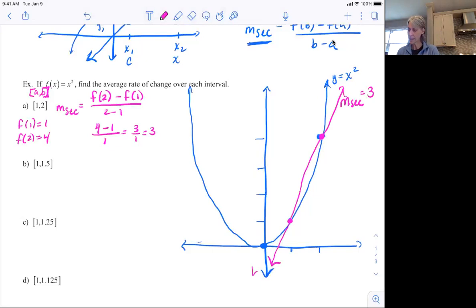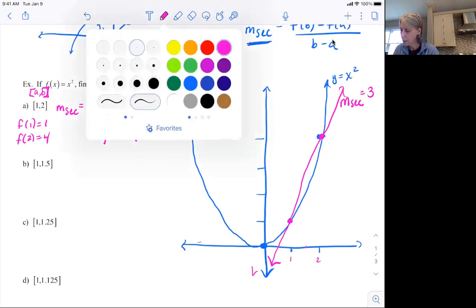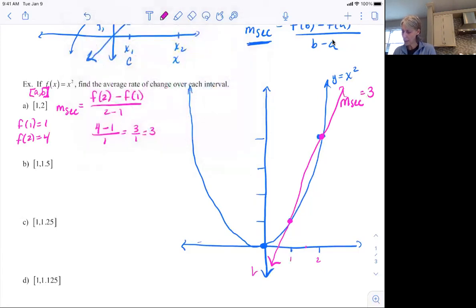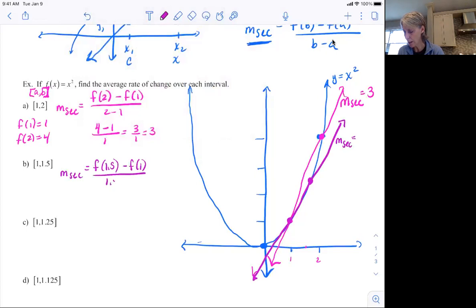Now, instead of going from 1 to 2, let's find the slope between 1 and 1.5. So I'm going to be at that point, and 1.5 would be about there on my curve. Let's draw the line first. This time, we want to find the slope of that line. Again, the slope of this secant line is going to be f of 1.5 minus f of 1 over 1.5 minus 1.